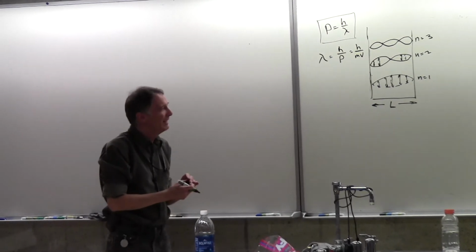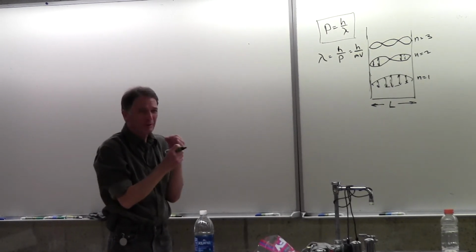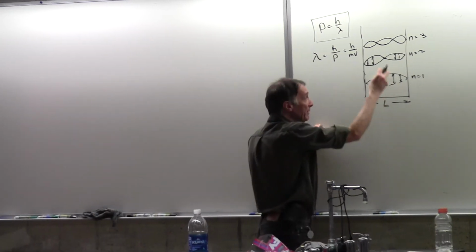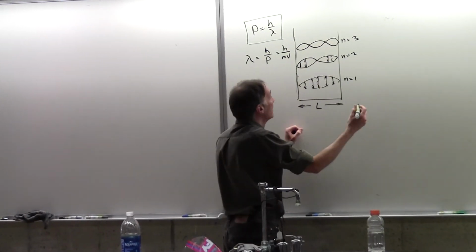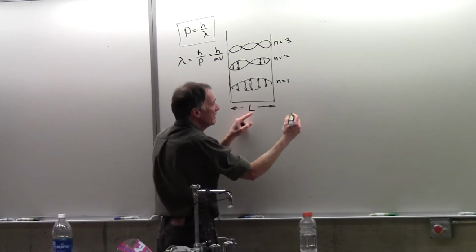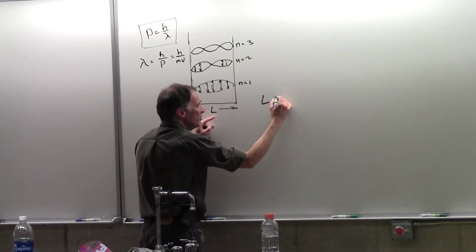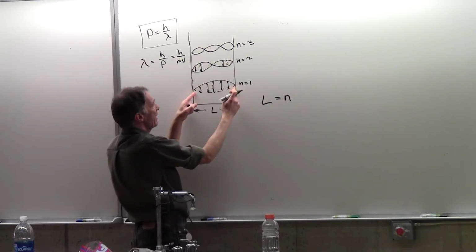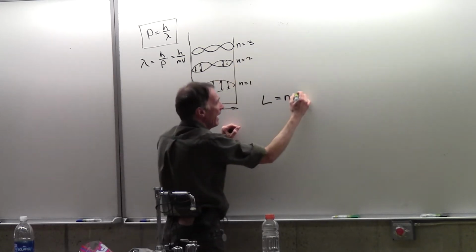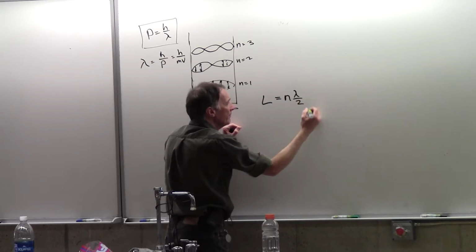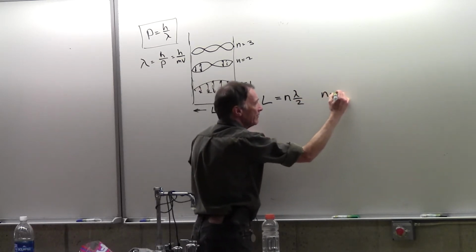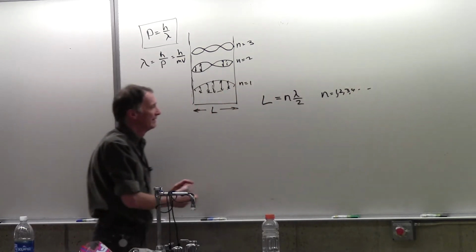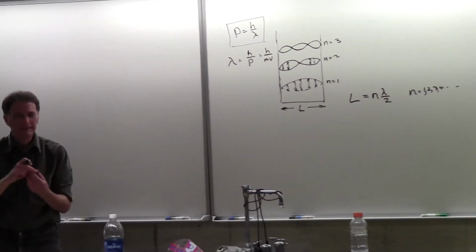So this would be the idea that we have certain, what we say are allowed states. So this could happen, or that could happen. The idea that in this distance L, we should have a whole number of half waves, where n can take on the value 1, 2, 3, 4, and can't be 0.